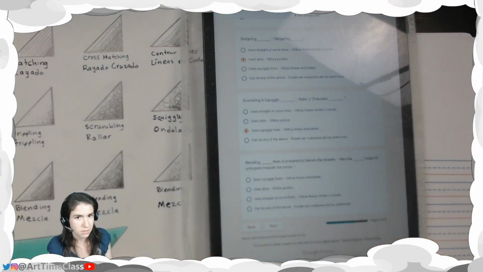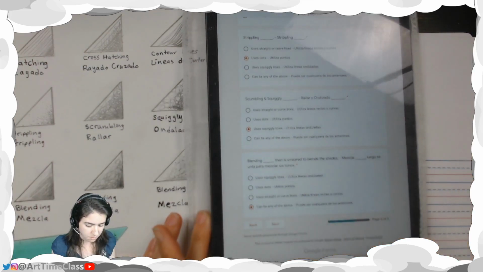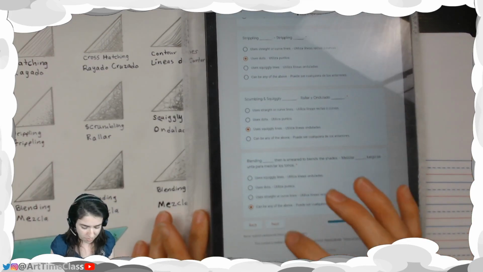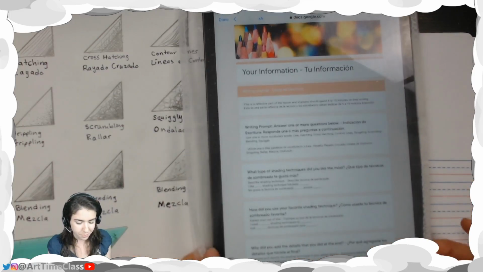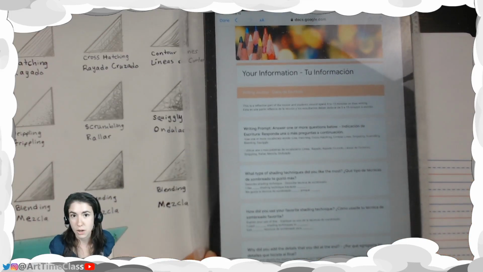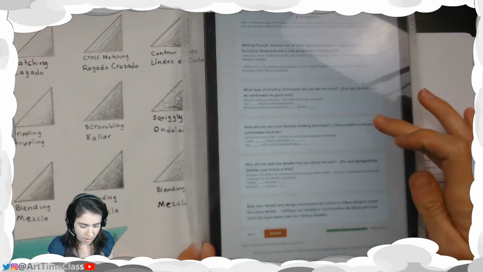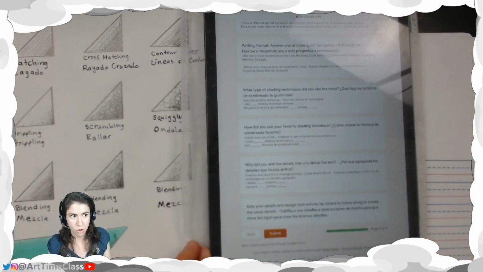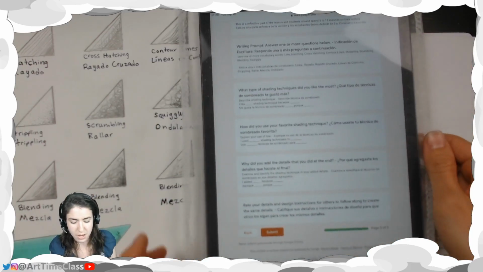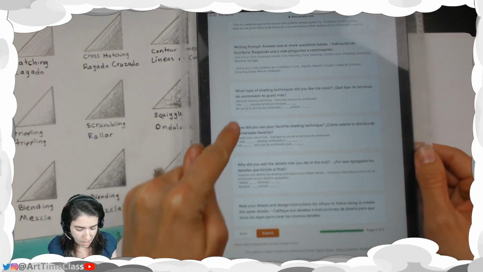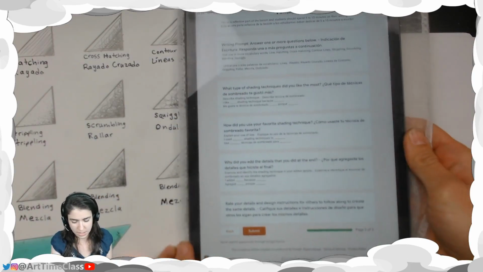They can use dots, squiggly lines, straight lines, curved lines. Let's go ahead and put can be any of the above. And then we'll click next. Then it's going to bring us to that writing prompt and all of the questions listed earlier. Let's go ahead and do our drawing and answer some of these questions together.